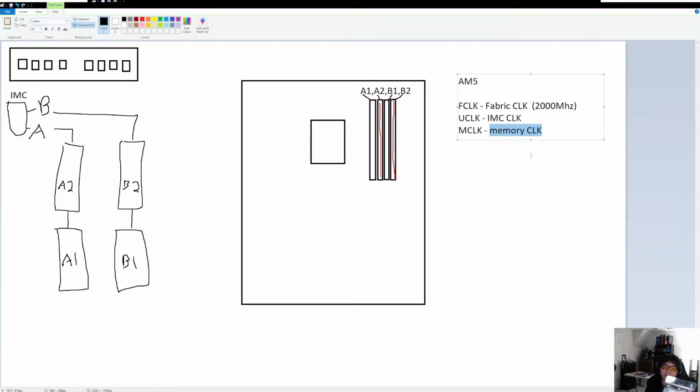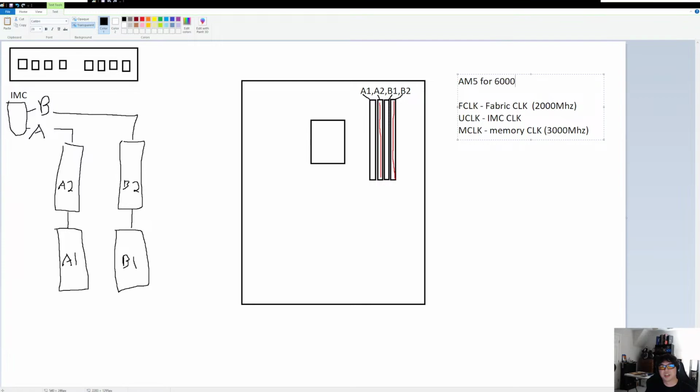This is some AMD EXPO memory. This is DDR5 6000. The EXPO profile says 6000 megahertz. So the MEM clock for 6000 megahertz would be half of that, so 3000 megahertz.